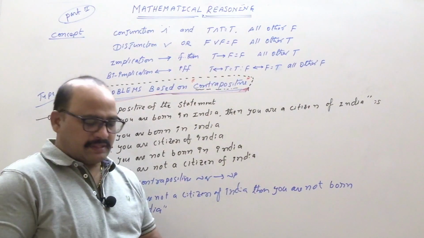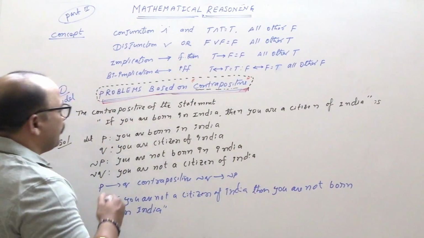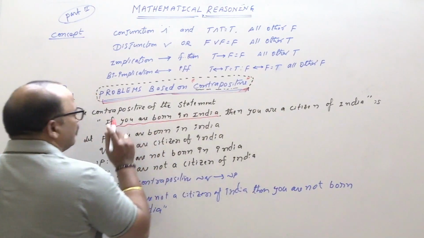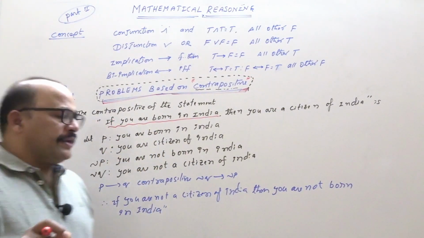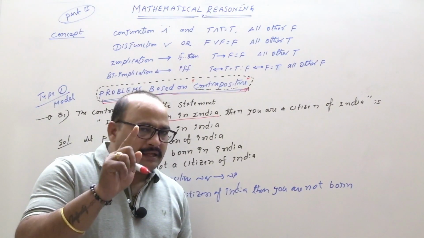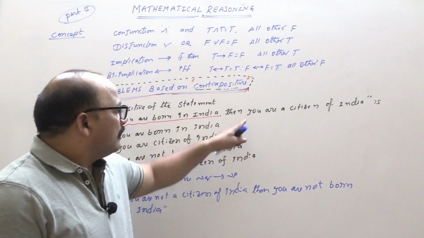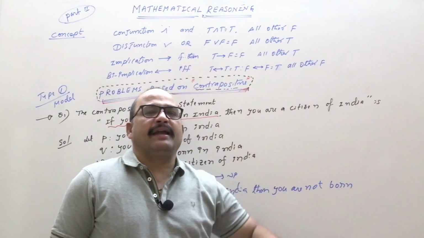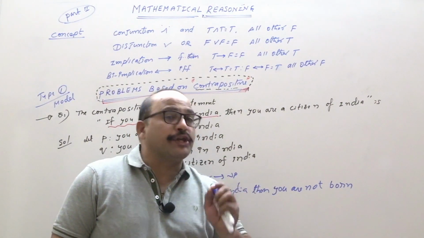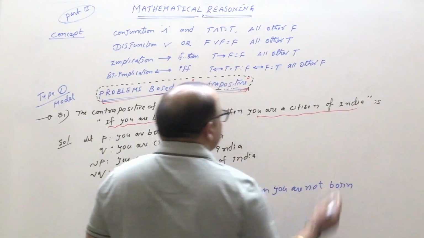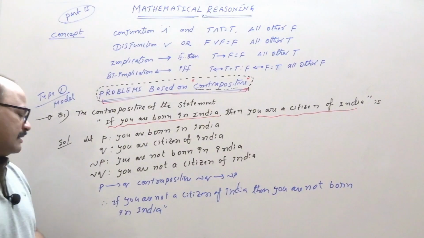If you are born in India, that is one statement, name it P. You are a citizen of India, that is another statement, Q. Two statements connected by if-then.